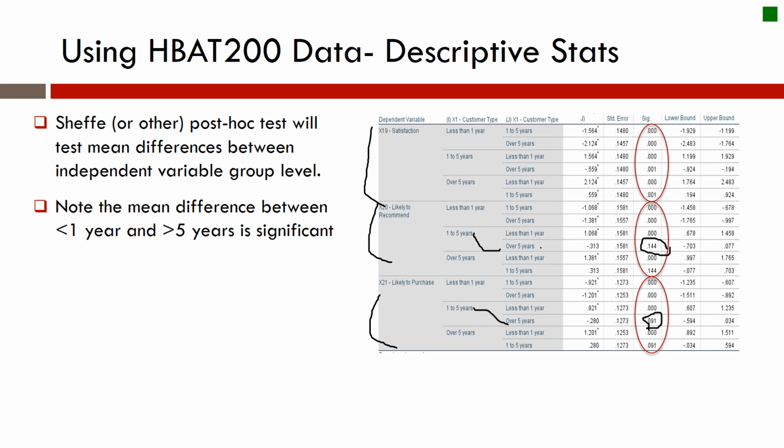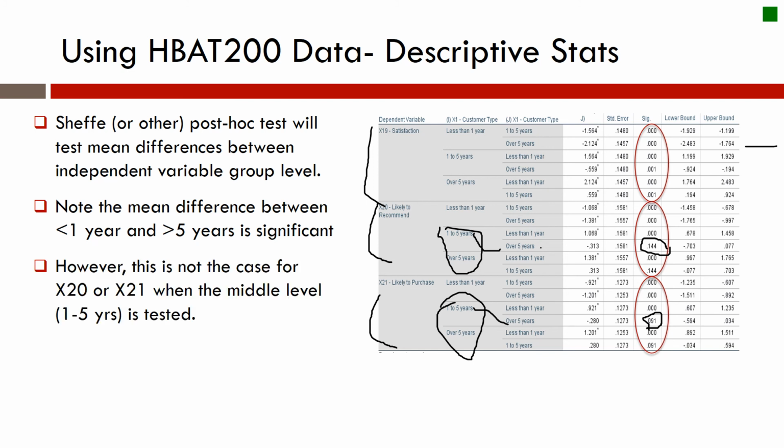So for two of the variables that was not true. For one of the variables, satisfaction, it was. So if we're going to do this analysis, we might even group 1 to 5 years and 5 years together as one group, and then compare those to the ones who've been with us for less than a year. So that's kind of the interpretation of that.